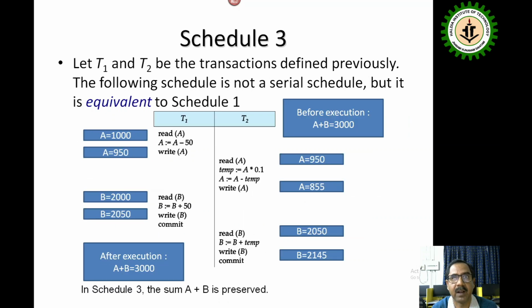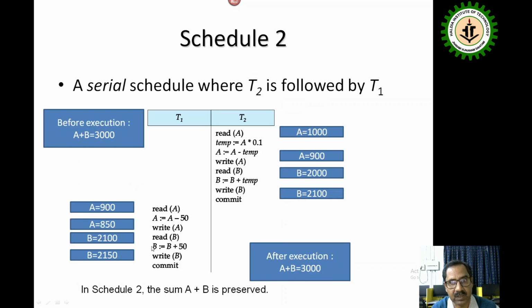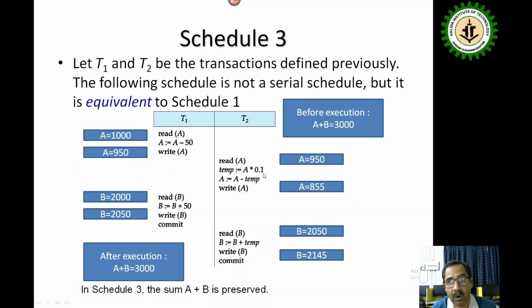These two examples, schedule 1 and schedule 2, are serial schedules, and this is a non-serial schedule. This is in interleaved form. That means all the instructions of T1 do not appear together. See, one set of instructions appears together, another set appears together.